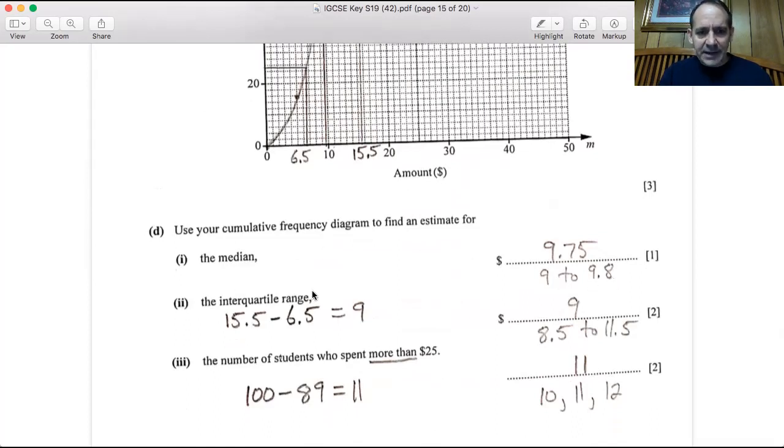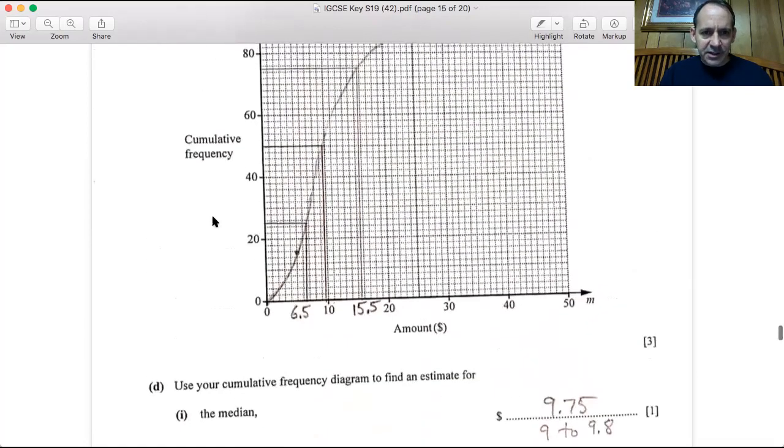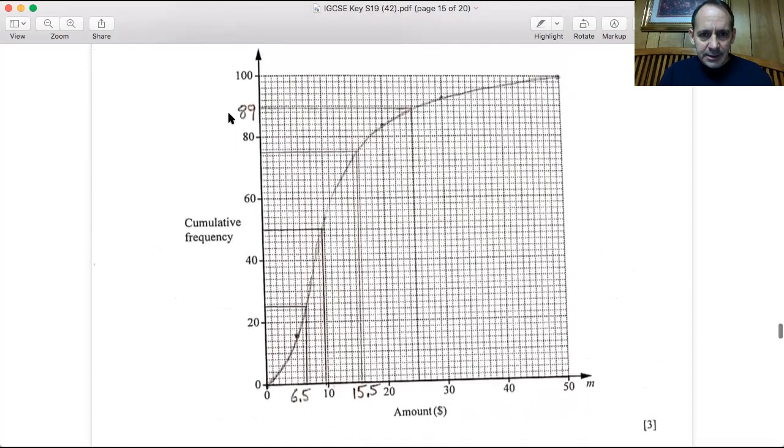Okay. Then find the interquartile range. Well, interquartile range is Q3 minus Q1. So Q3 is 75%. So 75% of 100 is 75. That's this one right here.